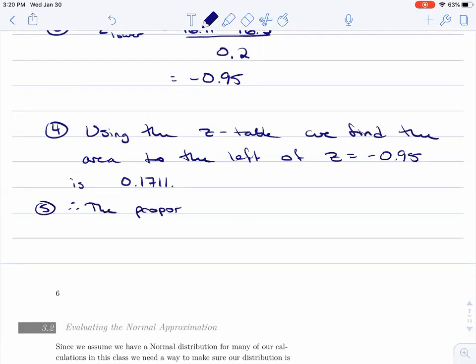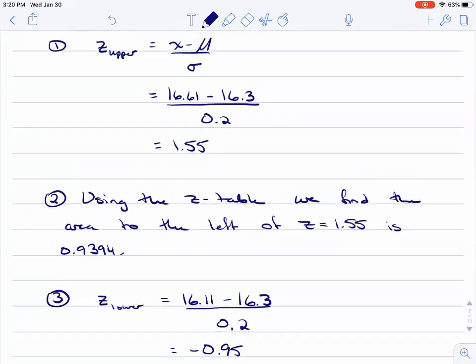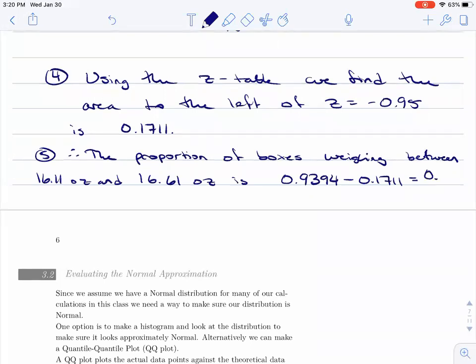Therefore, the proportion of boxes weighing between 16.11 ounces and 16.61 ounces is 0.9394 minus 0.1711, which is 0.7683. Done.